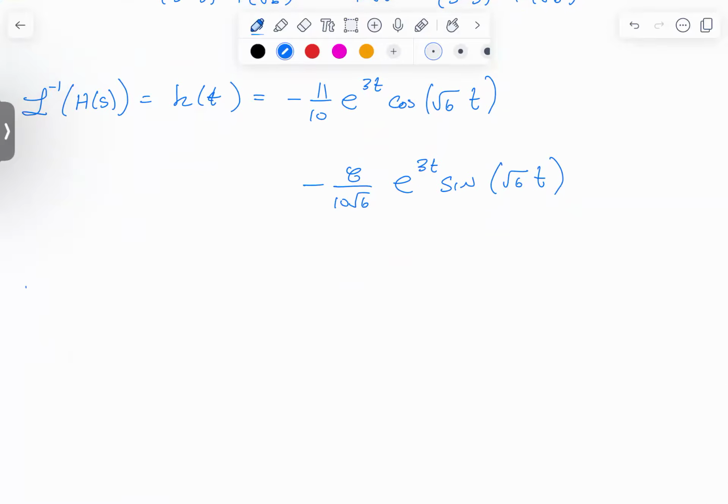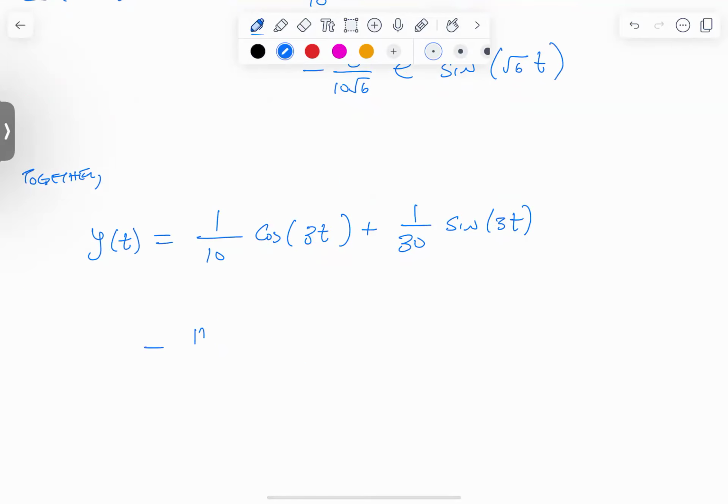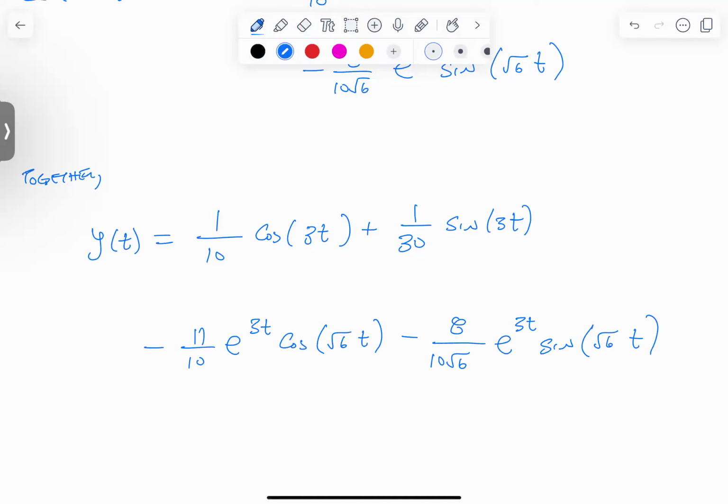Putting it all together, we're calling y of t actually. Y of t is then... beautiful.